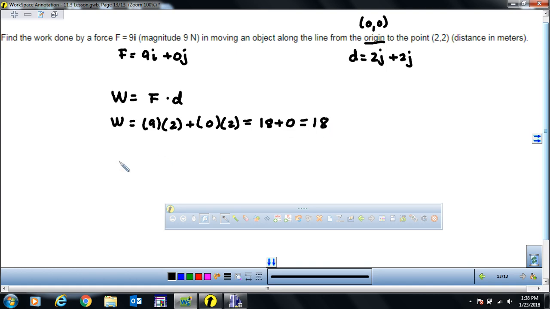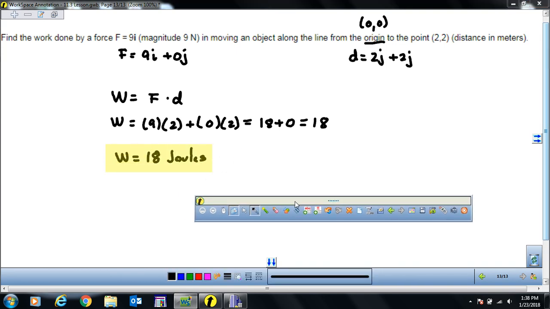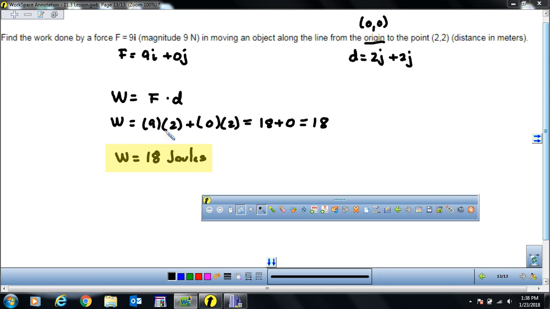So the work applied to move from the origin to the point (2, 2), using the horizontal force of 9i, would be 18, in newton-meters. In this case, we're going to call them joules, the work. Newtons times whatever measurement of distance, we're going to measure it in joules.